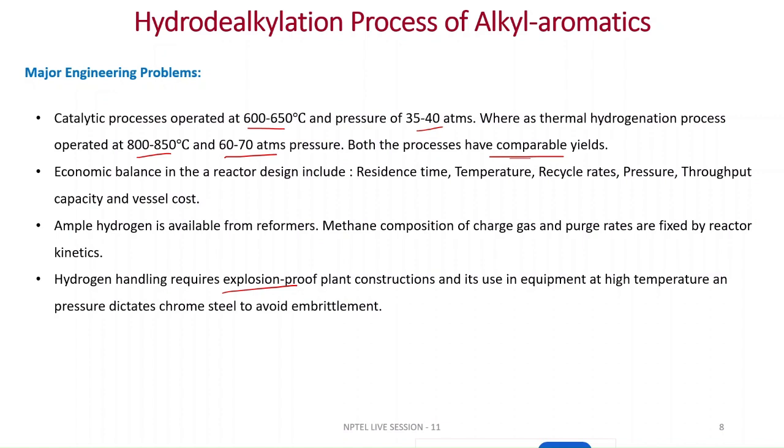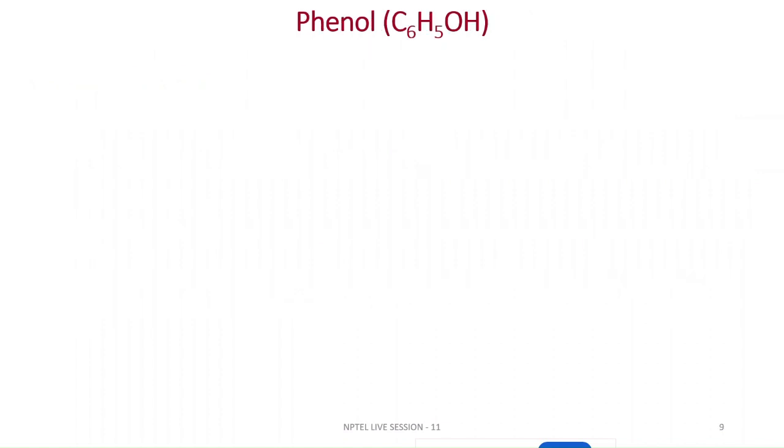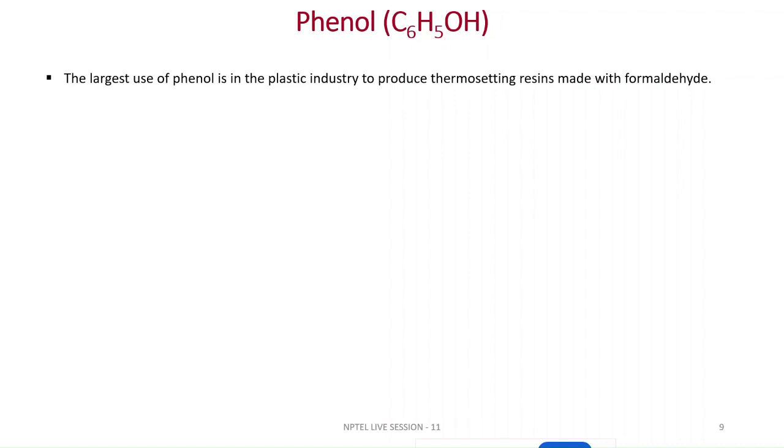We will now move forward to the production of phenol. Phenol can also be produced from benzene, right? The largest use of phenol is in the plastic industry, to produce thermosetting resin made with formaldehyde.